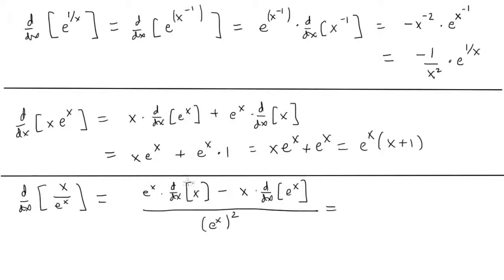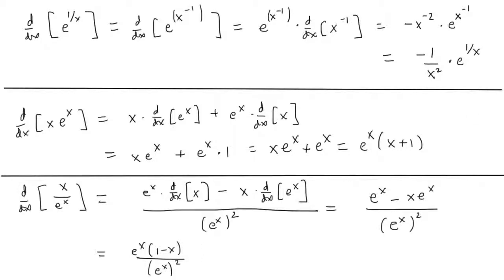If we fill all this in, the derivative of x is 1, so I won't even write it, and the derivative of e to the x is itself, and then we have e to the x squared here. Now we can simplify this because both things on top have an e to the x, so this would be e to the x times 1 minus x all over e to the x squared.